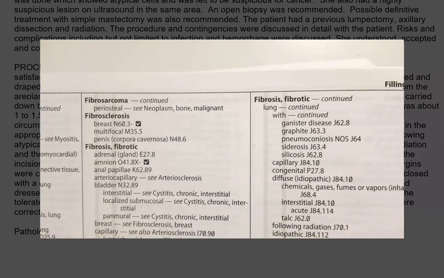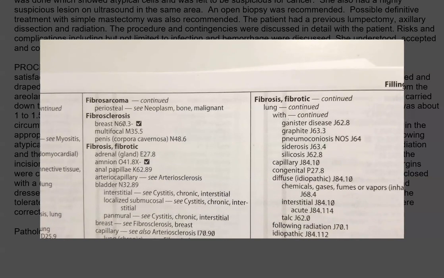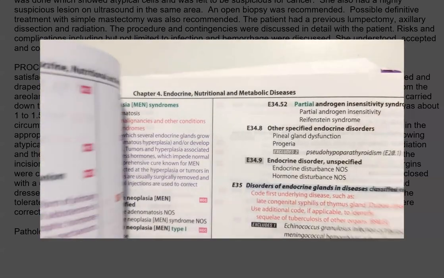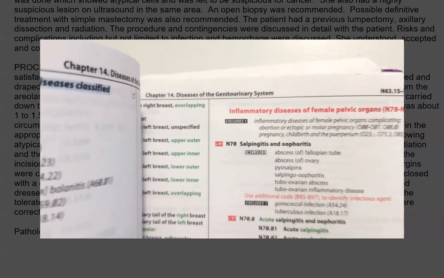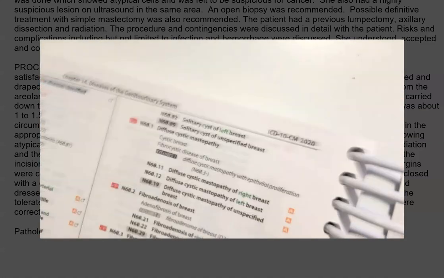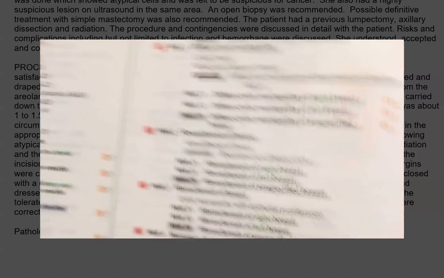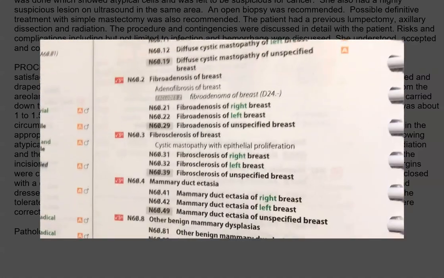All right, so I'm looking at fibrosclerosis and the subterm of breast, which is giving me N60.3. And so, of course, I'm going to verify that code. And I want you to just keep in the back of your mind, we're coding what happened and why. What happened and why.